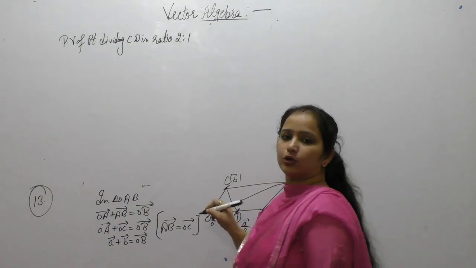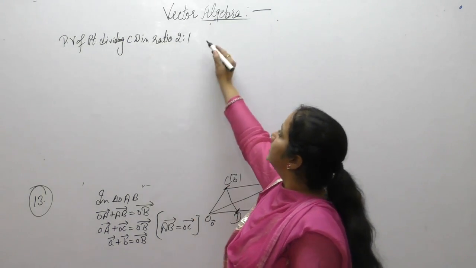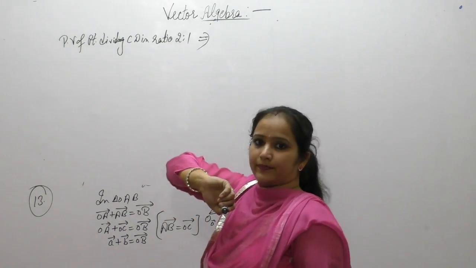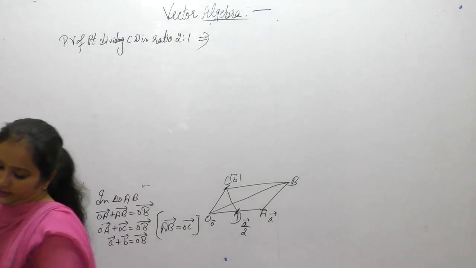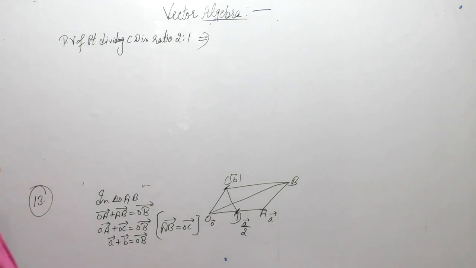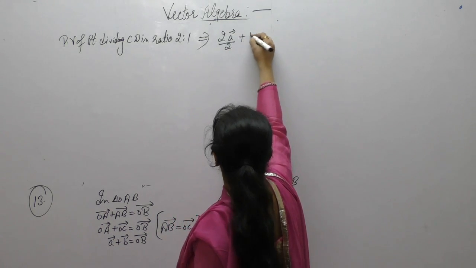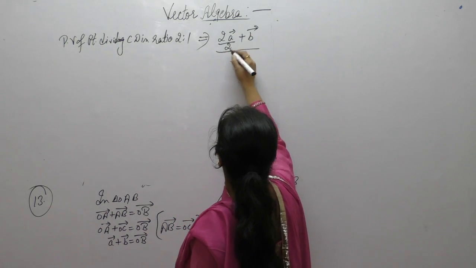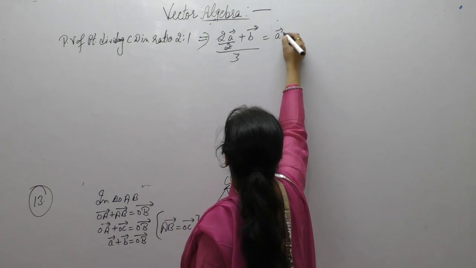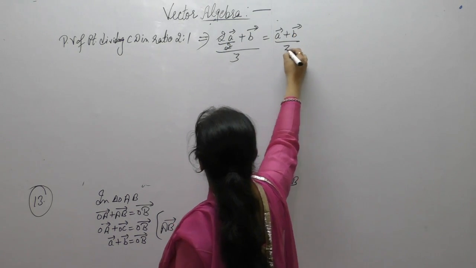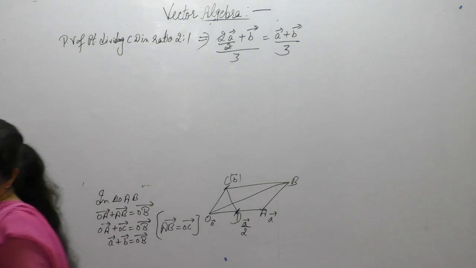If the point divides CD in 2:1, then it has value 2 into A by 2 plus 1 into B vector upon 3. So A vector plus B vector upon 3.